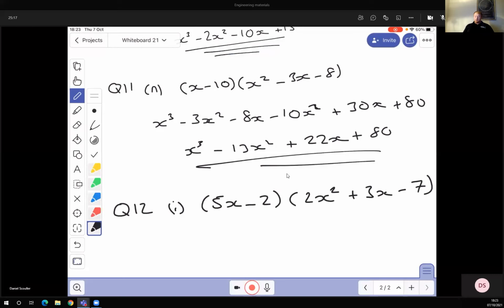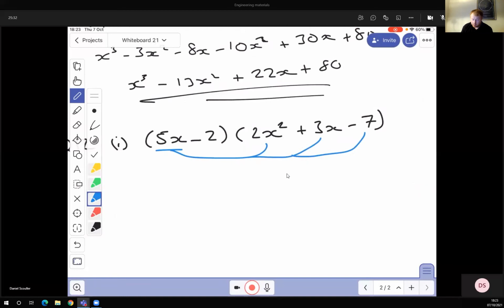Just as we were doing with the rules of indices, this 5x, we're going to multiply here, here, and here. So we're going to take 5x times 2x squared. We take 5 and multiply by the 2, so the two numbers on the left hand side get multiplied together.